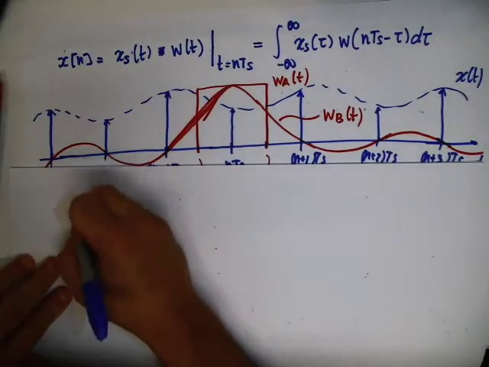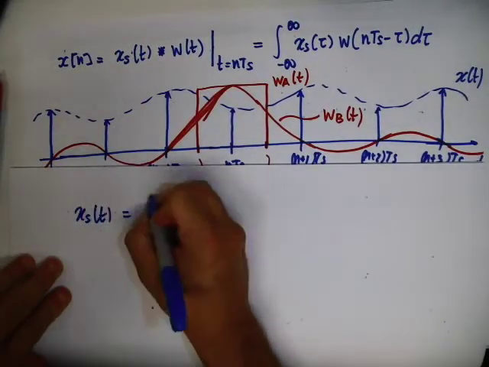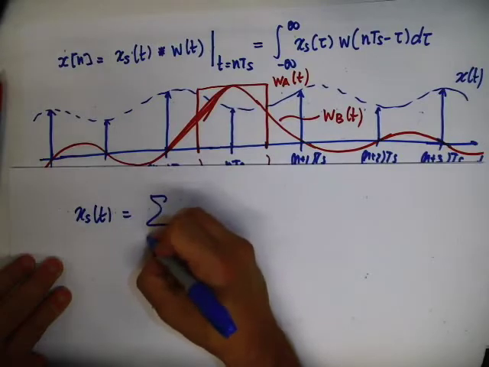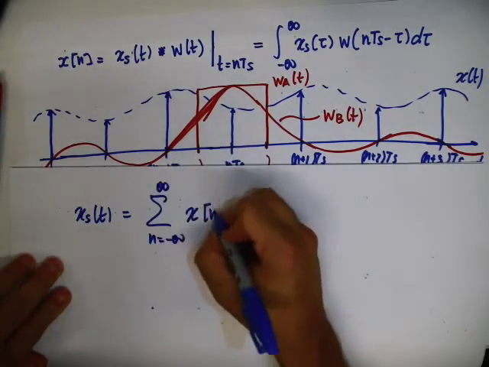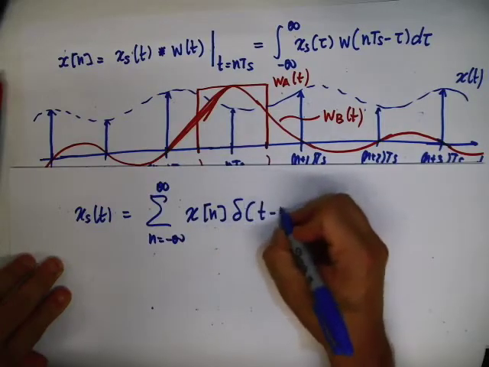We have seen that given x_s(t) as the sum from n equal minus infinity to infinity, that's what we get.